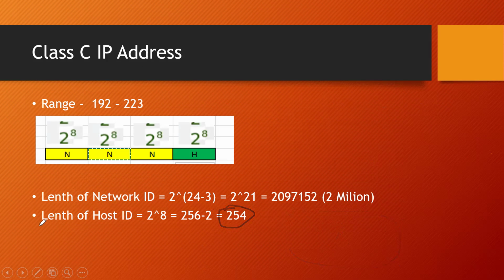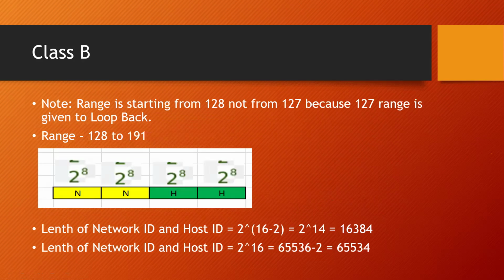Because in class C, I can create only 254 IP addresses. If you want 500, you might think of going to a class B IP address, but in class B approximately 65,534 IP addresses are possible. That is a huge amount, and I want only 500.